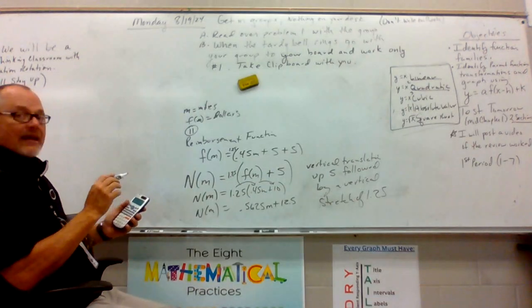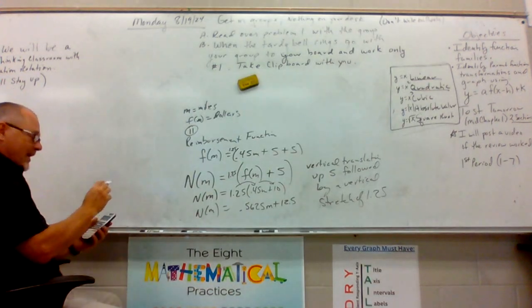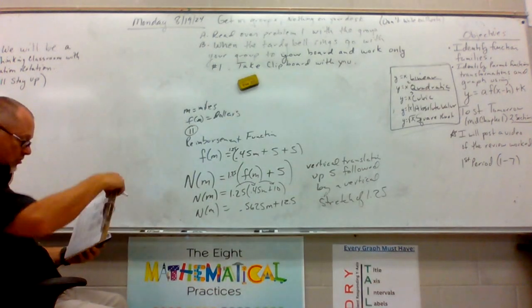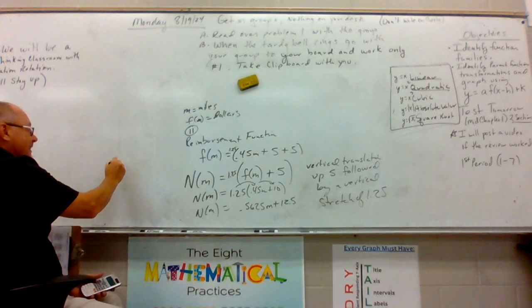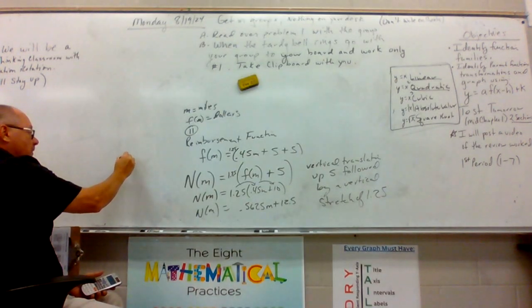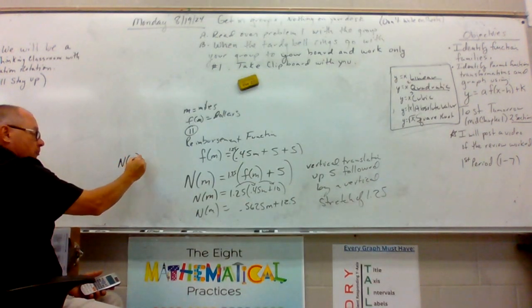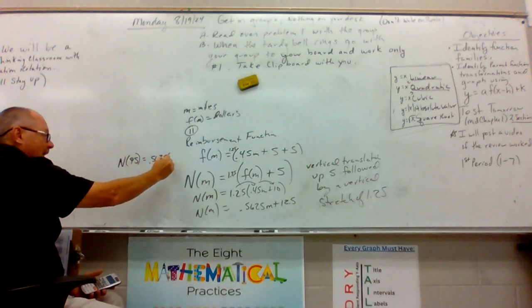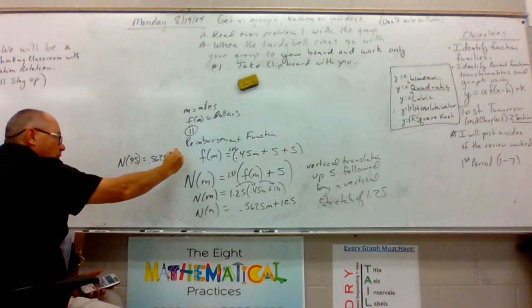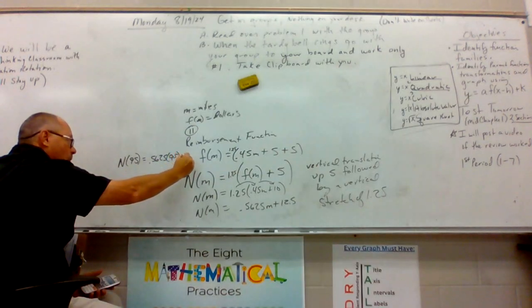Now, it said what happens for 95 miles. That means what is my new reimbursement for 95 miles? 0.5625 times 95 plus 12.5.